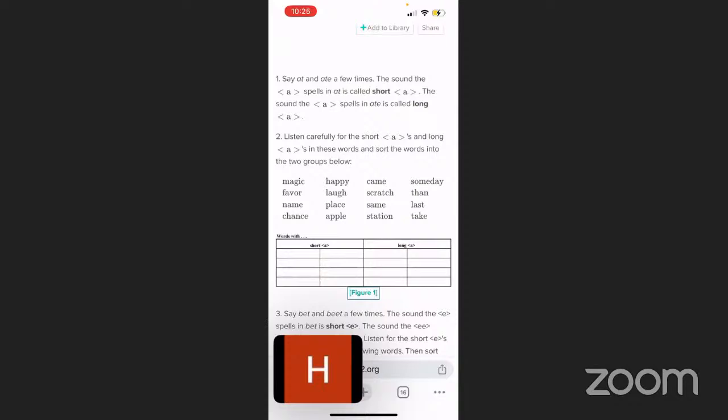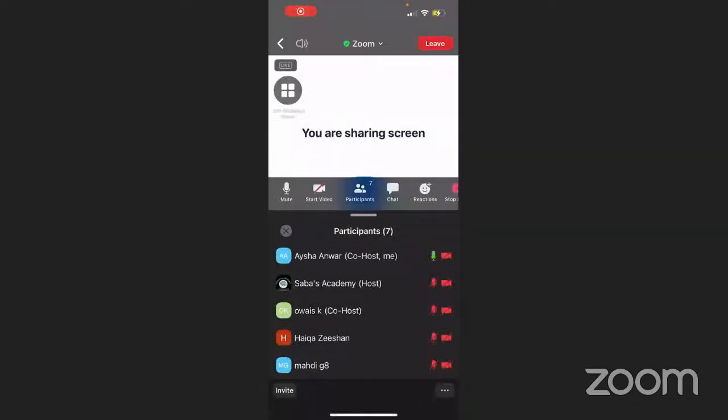So some other words that I assigned you, carefully, for the short A, like in at, the short A, and the A that spells in 8 is called long A. Okay, so you can write these words down, right? I'm gonna send a picture of this same worksheet.